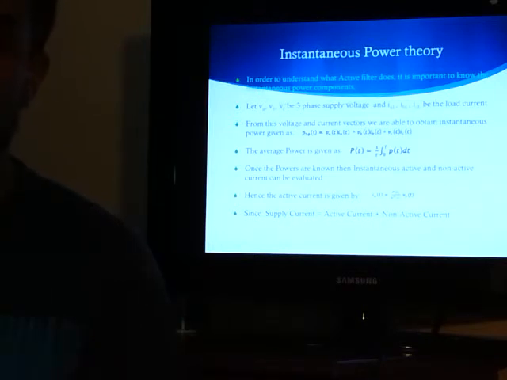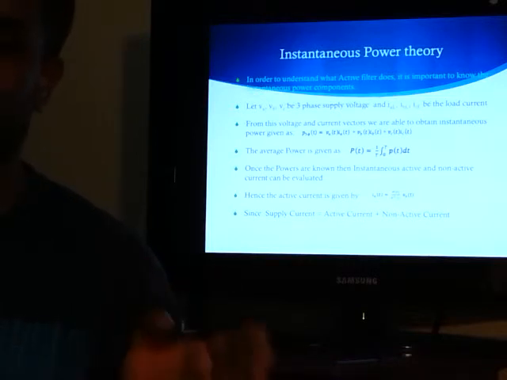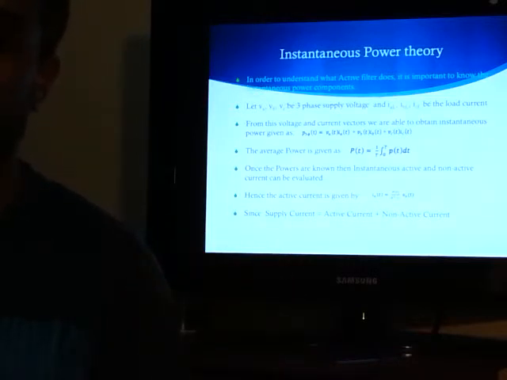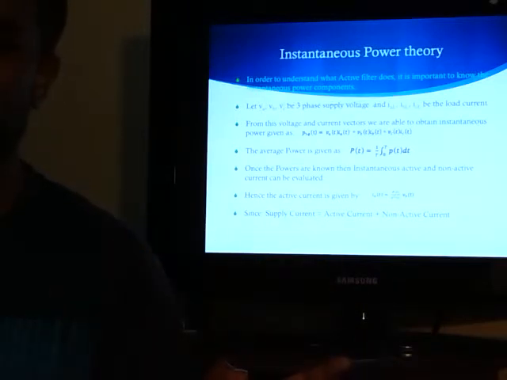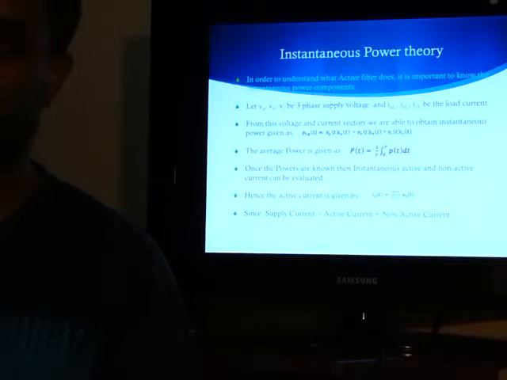This instantaneous active current is the part of the current that is being supplied from the utility to the load. Hence, when we remove this active current from the supply current, we are left with the non-active component of the current.